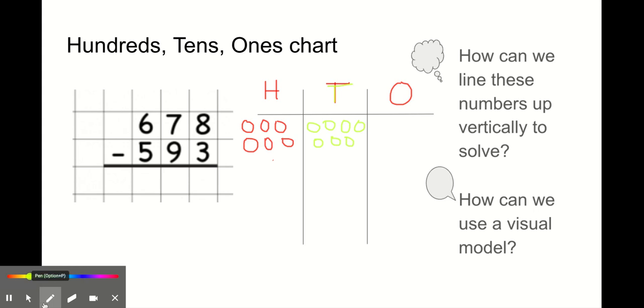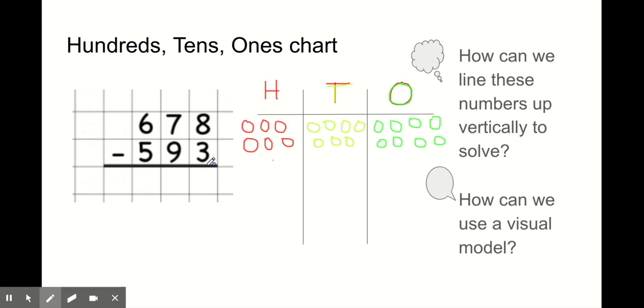And then finally, we're going to do the ones, and we'll do the ones in a different color. Do the ones in like a darker green. 8 ones. I'll use blue to subtract.